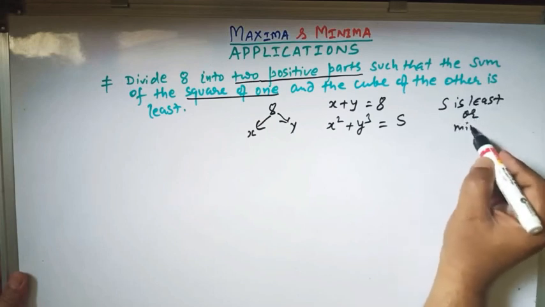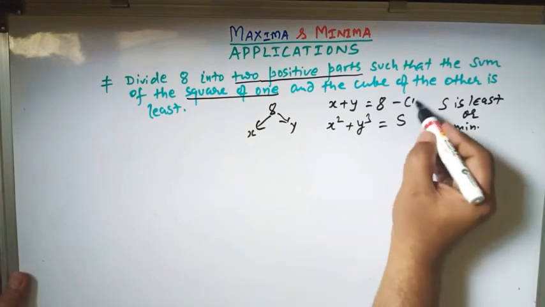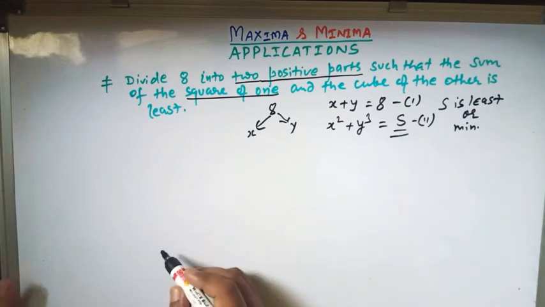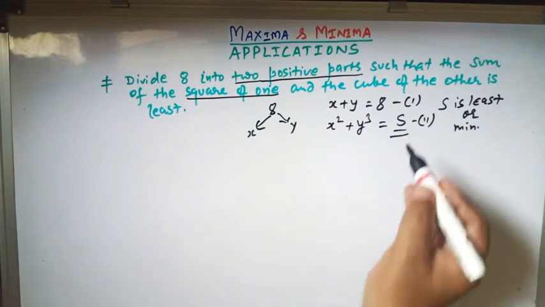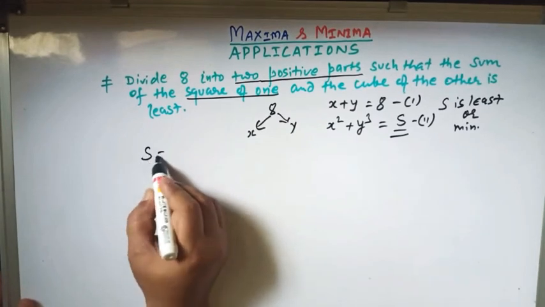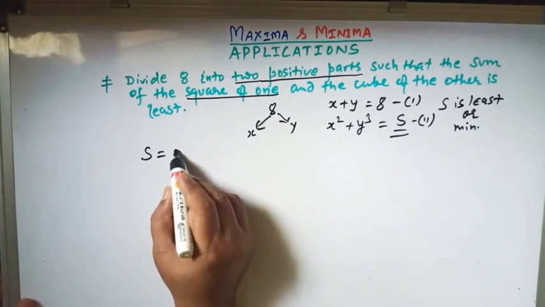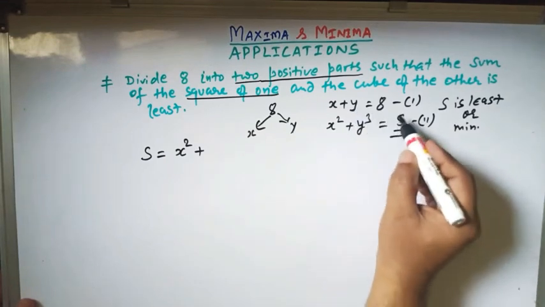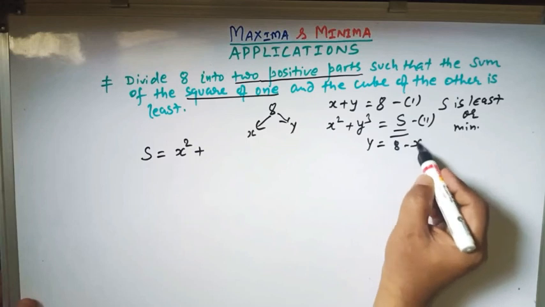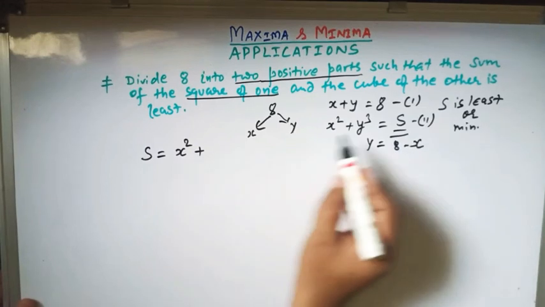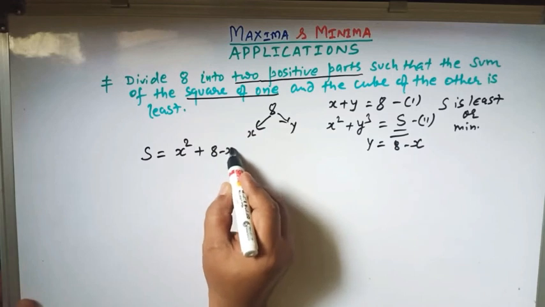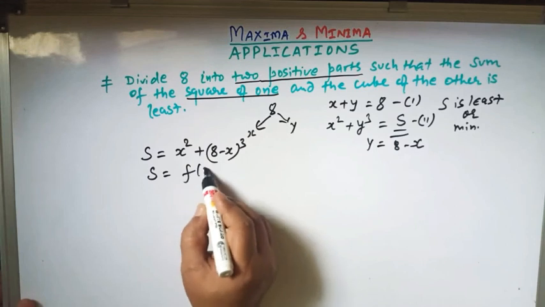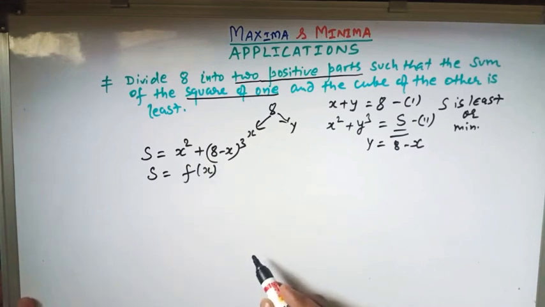So here we have this equation and this equation. Now s is least or minimum. From equation 2 we have s equal to x square plus, and from equation 1 we have y equal to 8 minus x, so we substitute here and have 8 minus x cube. Now viewers, we see that this becomes a function of x.